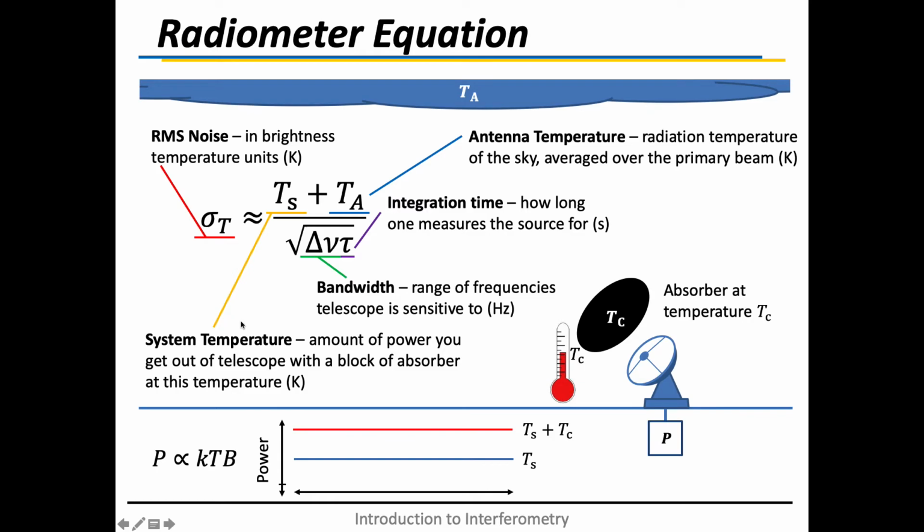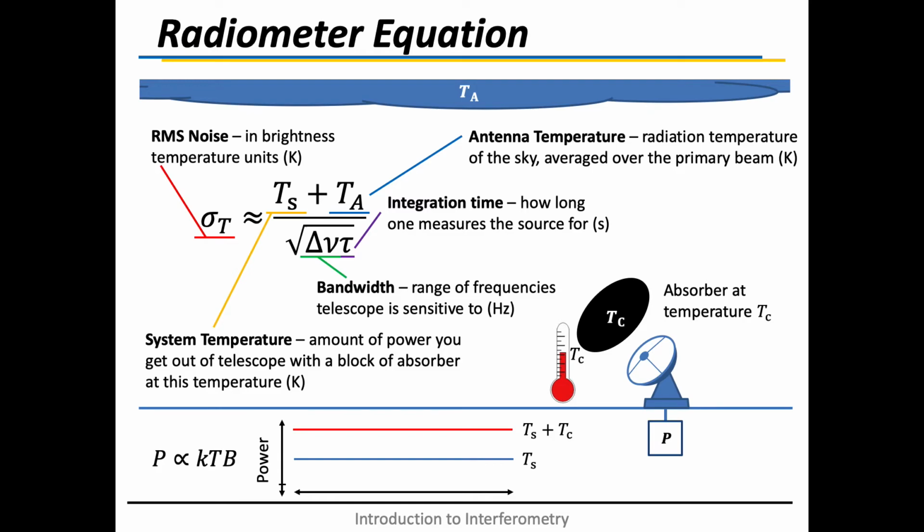The system temperature is a slightly weirder concept, but you can imagine that if you had a perfect antenna, a perfect receiver with zero noise, and instead had a block of absorber at some temperature. So let's say we had a system temperature of 40 Kelvin.